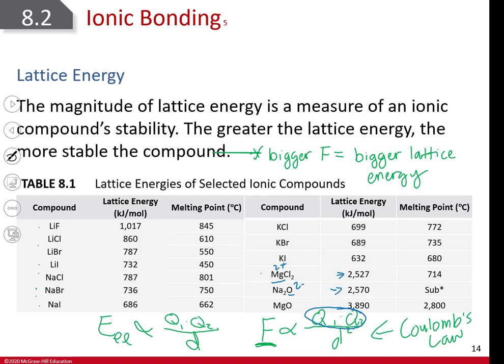Did they get much bigger compared to this stuff? Yes, they got much bigger, because the charges are bigger. Now down here, magnesium oxide: magnesium is 2+, oxygen is 2-, and the lattice energy is even bigger. So bigger charges equals bigger lattice energies.